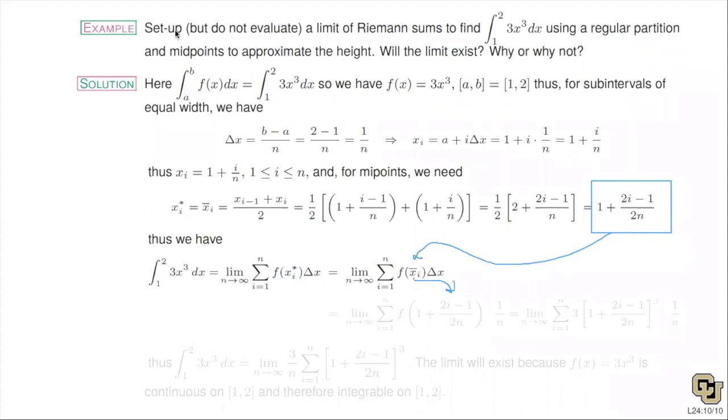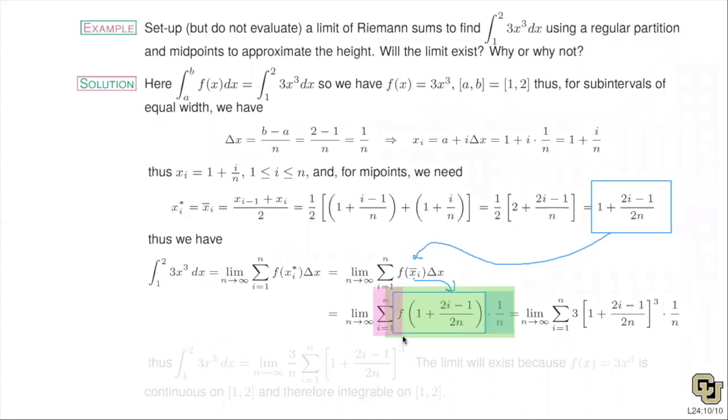So I end up replacing the x sub i bar with that midpoint in the function. And here, you should tell yourself the story. What you should see here is this is the height using the midpoint of the ith subinterval times the width. That gives me the area of the ith subrectangle.